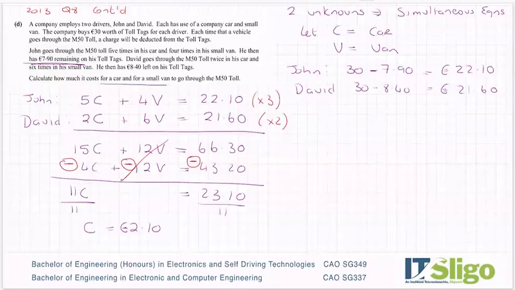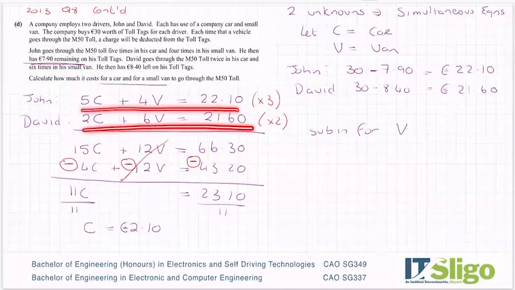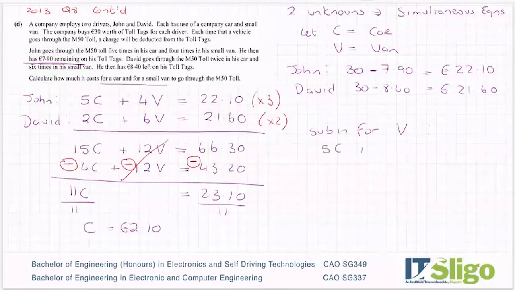Okay, then let's find V. Remember I can sub into either equation, whichever one looks the easiest. None of them looks easier than the other, so let's just pick the top one. I now know that C is 2.10, so I can sub in for C. So 5 times 2.10 plus 4V is equal to 22.10.